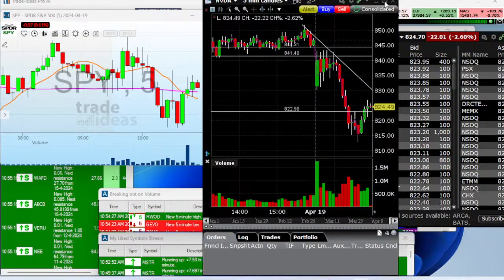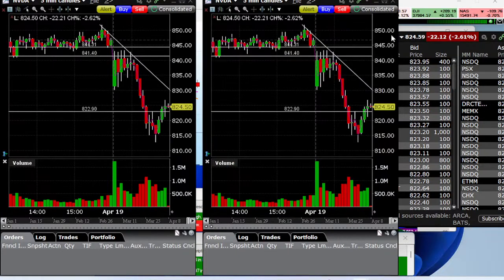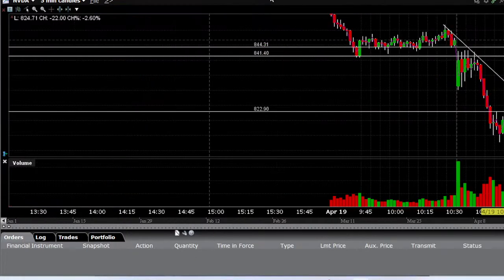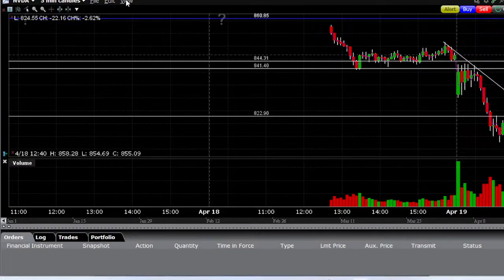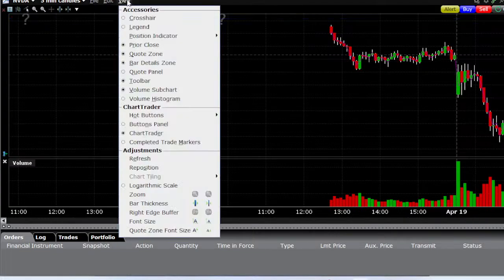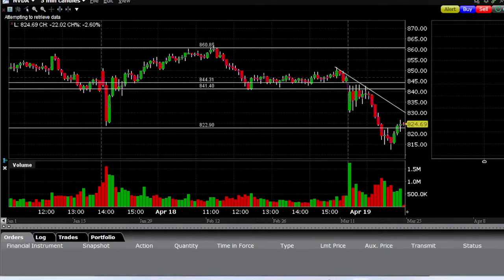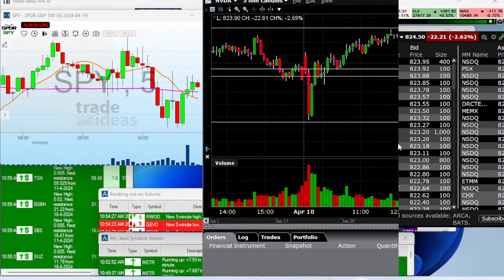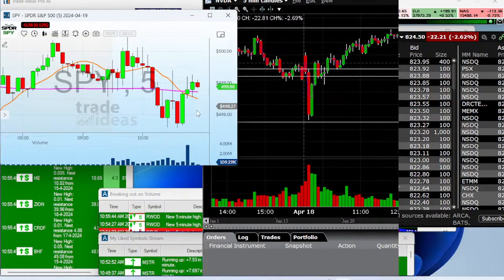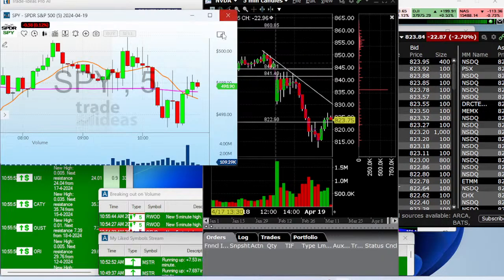Obviously, I would have to hold on one second here. I want to take a look at the volume profile and the histogram here. So the SPY is still at the 498 level.